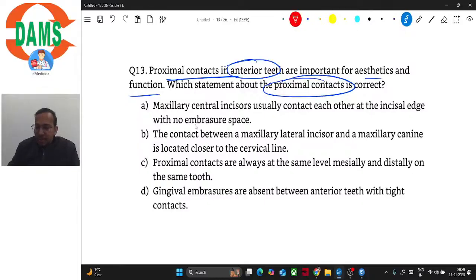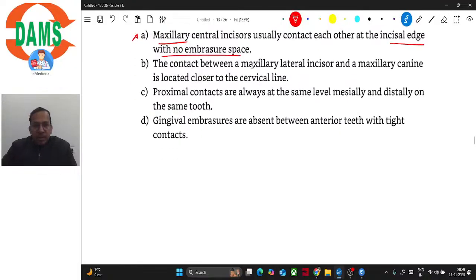Option A says maxillary central incisors usually contact each other at the incisal edge with no embrasure space. So this option is incorrect because the contact at the incisal edge is seen in mandibular central incisors, right? Mandibular central incisors.